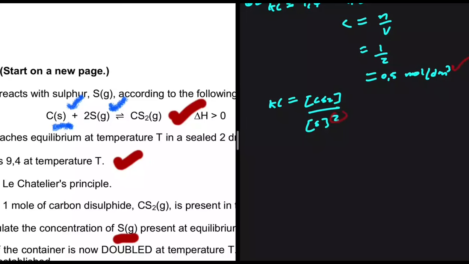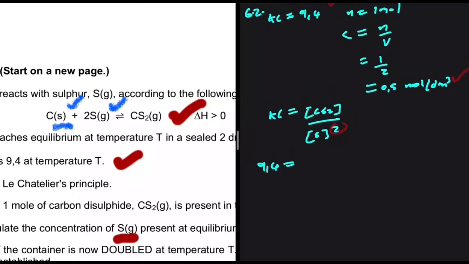If we go ahead and substitute, we're going to get 9.4 being equal to the concentration of CS2, 0.5, divided by the concentration of sulfur squared.